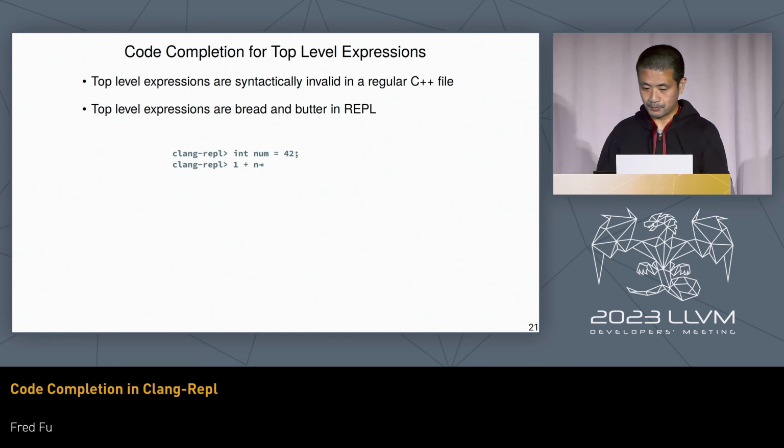As shown in this example, the completion system fails to provide none as a candidate in the beginning because the completion context is top level and any identifiers are hidden. The solution is quite straightforward. We simply added a new completion context kind. And now if we hit tab, the rest of it gets completed.